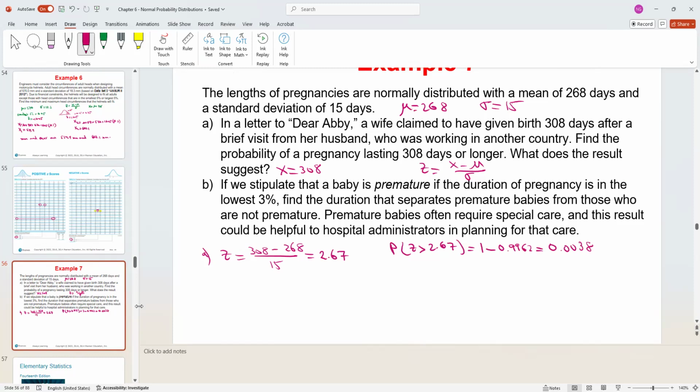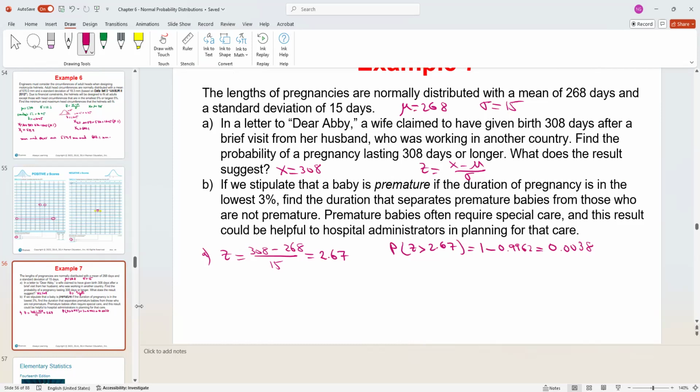Look, how many days is this? How many months? Let's do 308 divided by 30 days to see how many months. It's almost 10 and a half months. Poor woman, she was at her husband's place in a different country 10 months ago. Now, the probability that she gave birth after almost 10 and a half months is 0.08.